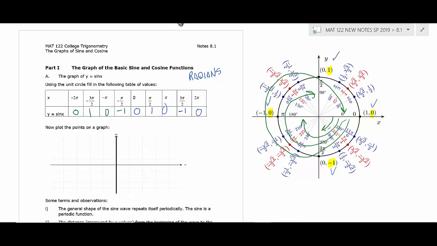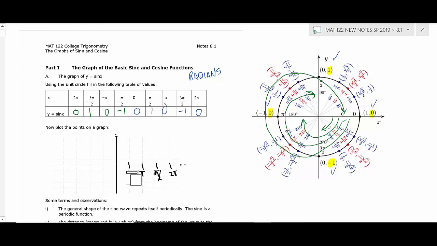Now what we're going to do on our graph is we need to always label everything. So we're going to chop up the x-axis like this. We're going to call that pi over 2. This is pi. This is 3 pi over 2. And then that's 2 pi. You want to always write that stuff down.